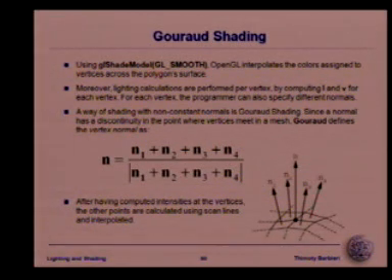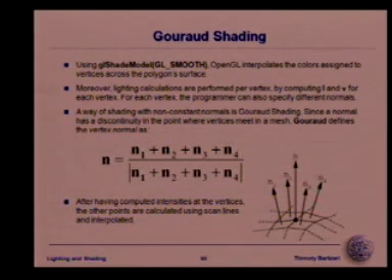Until now, with flat shading, you choose one normal for the polygon, and this normal is equal for all of them. Gouraud says that this is not true, because, for example, at the intersection between these polygons, you're actually making an arbitrary choice.